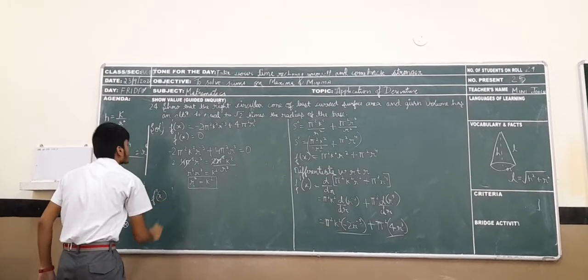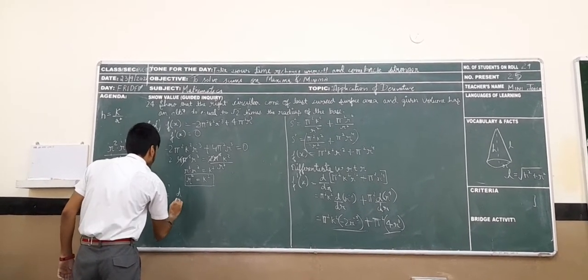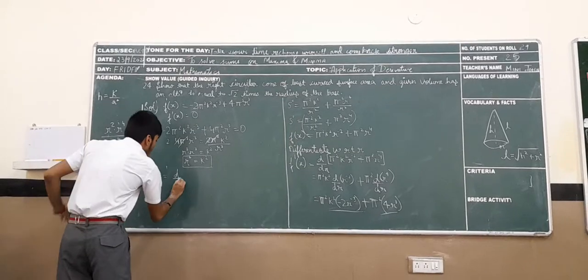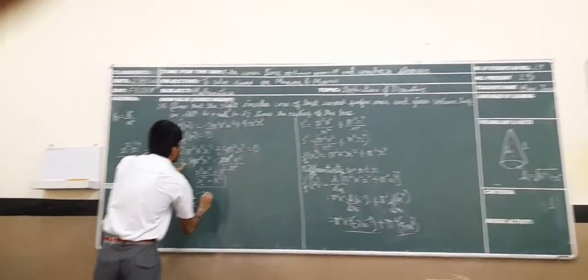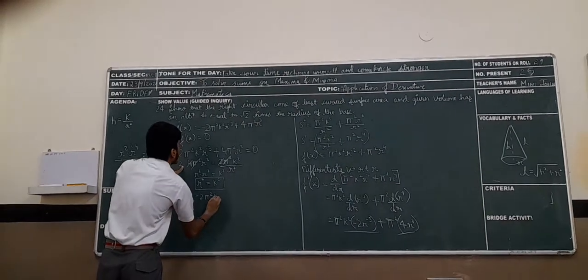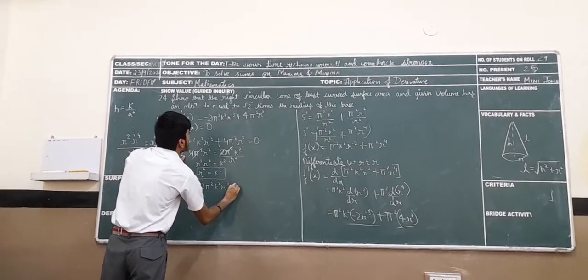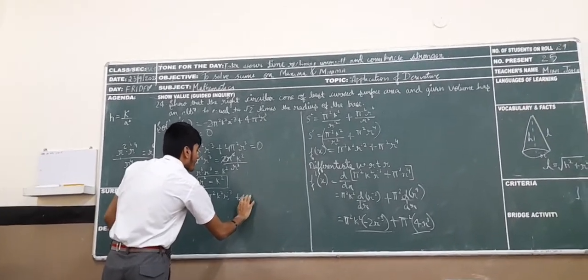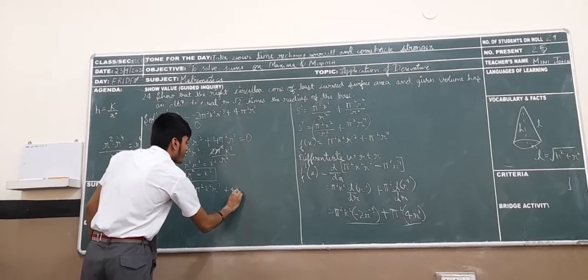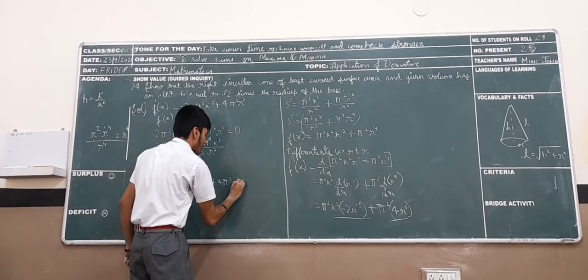Double differentiation of x will be d by dr of minus 2π²k² r to the power of minus 3 plus 4π²r to the power of 3.